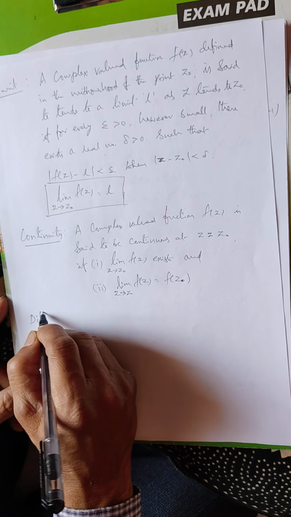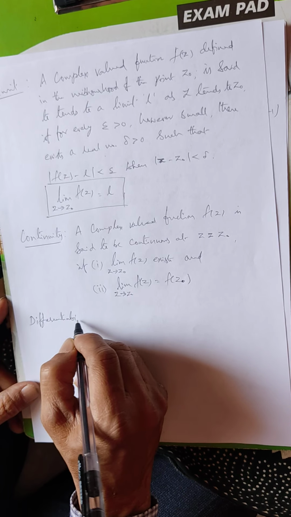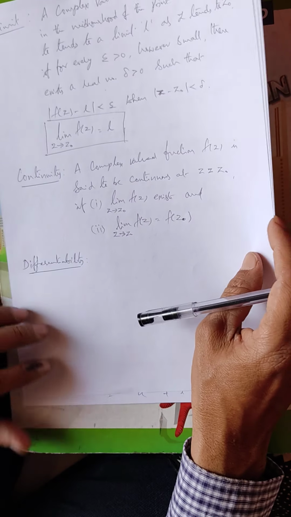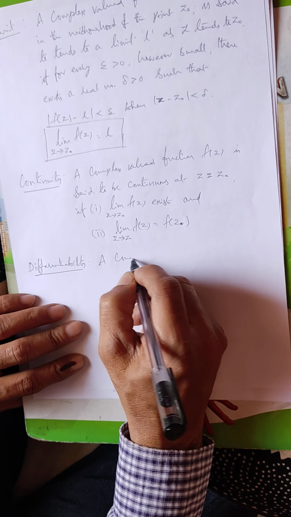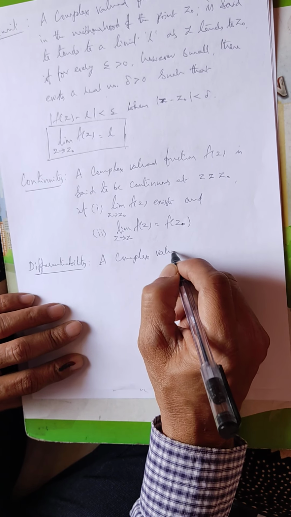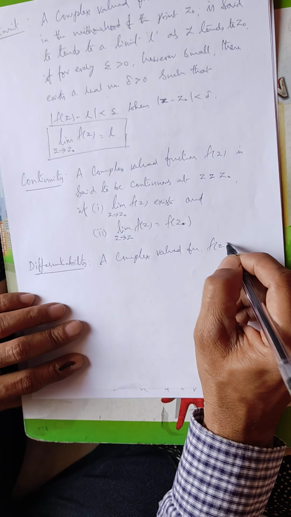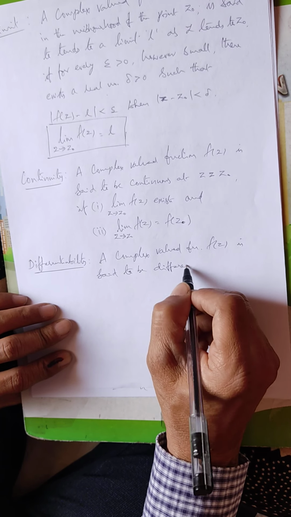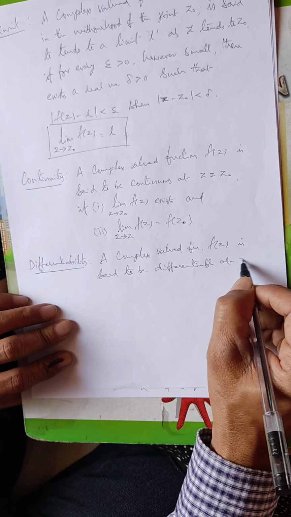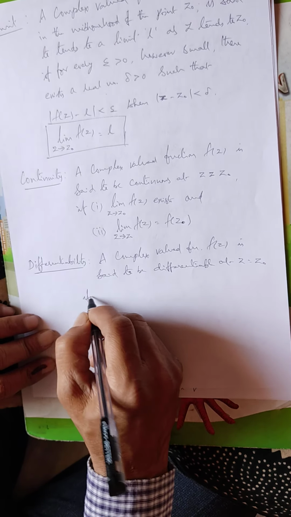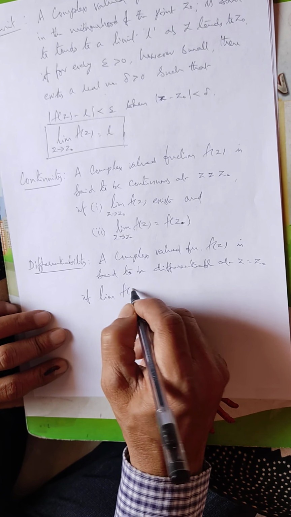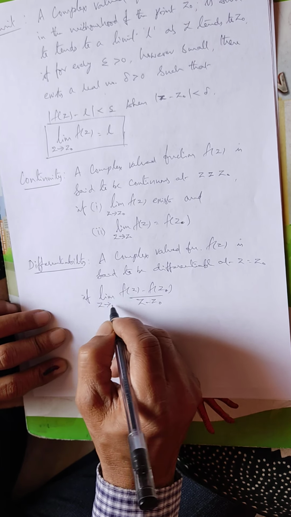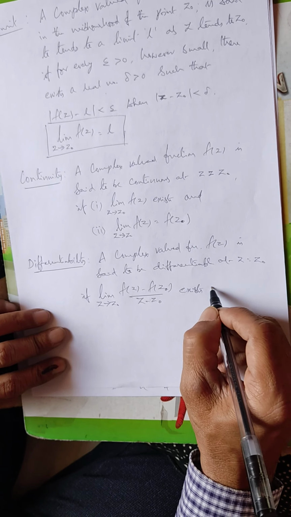Next, differentiability. A complex valued function f of z is said to be differentiable at z equal to z naught if the limit of f of z minus f of z naught divided by z minus z naught as z tends to z naught exists and is unique.